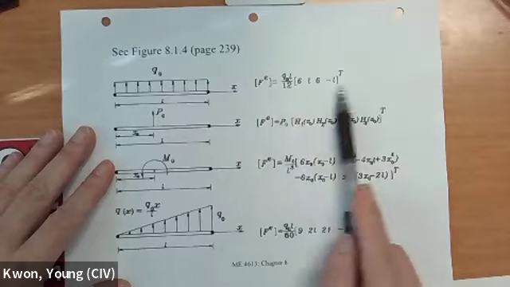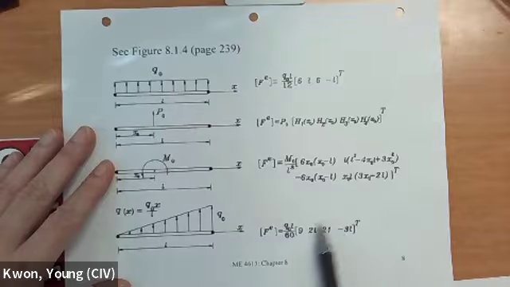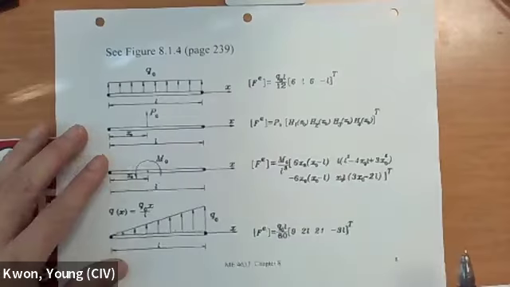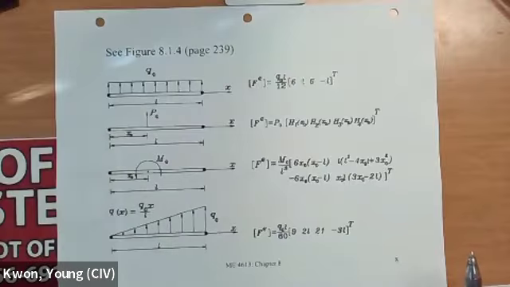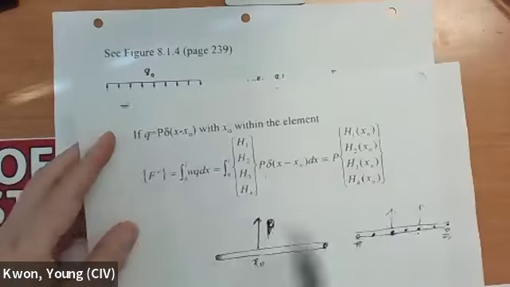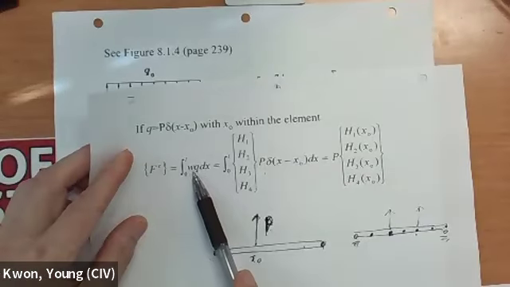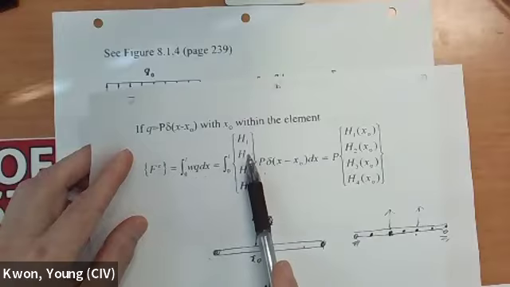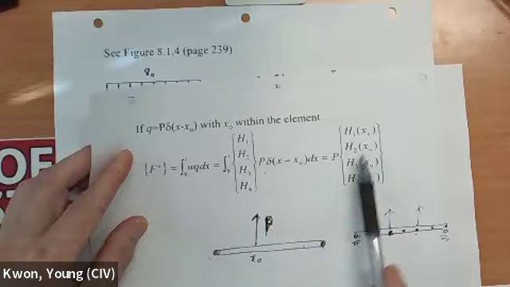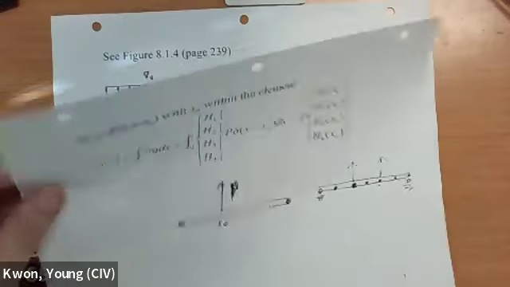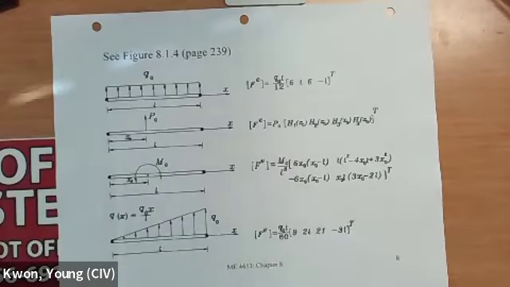So those are the column vectors for bending with the equivalent loading. Otherwise, as long as you know Q, any given function, you have to evaluate H1, H2, H3, H4 multiplied by Q and integrate. That will give you your right-hand side column vector. Any questions so far?